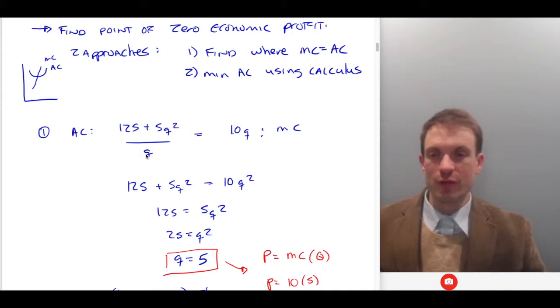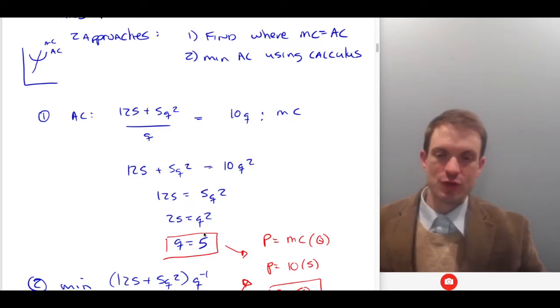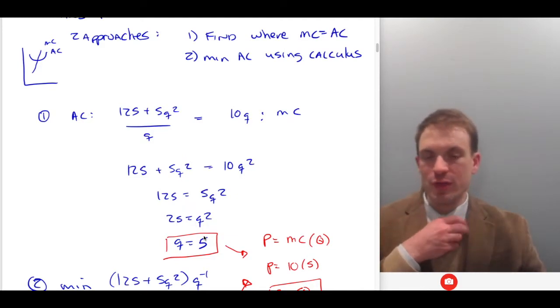And then just solving, I'm going to multiply both sides by q, so this is going to give me 125 plus 5q squared equals 10q squared. I'm going to subtract 5q squared from both sides. That gives me 125 is equal to 5q squared. Divide through by 5, and then I'll have 25 equals q squared, and then solving, I have q is 5.